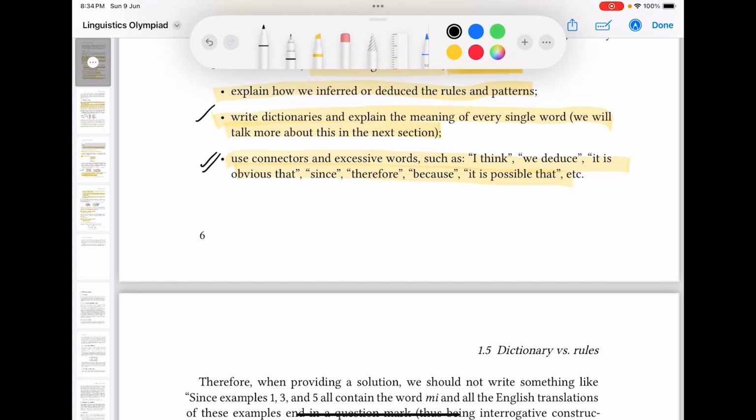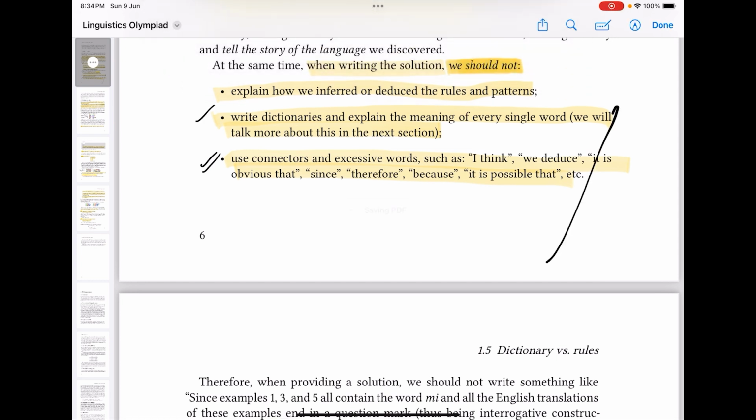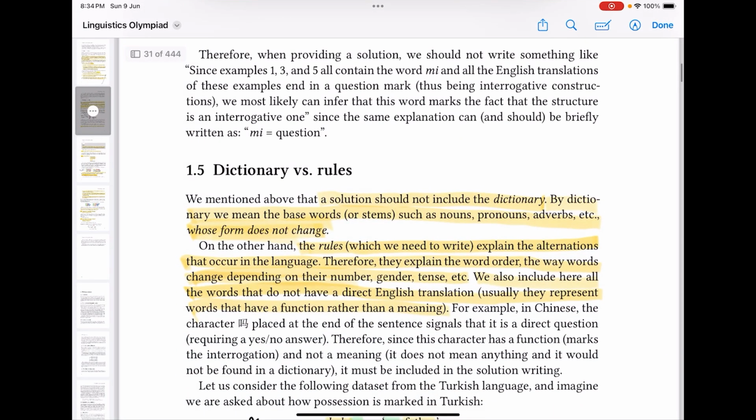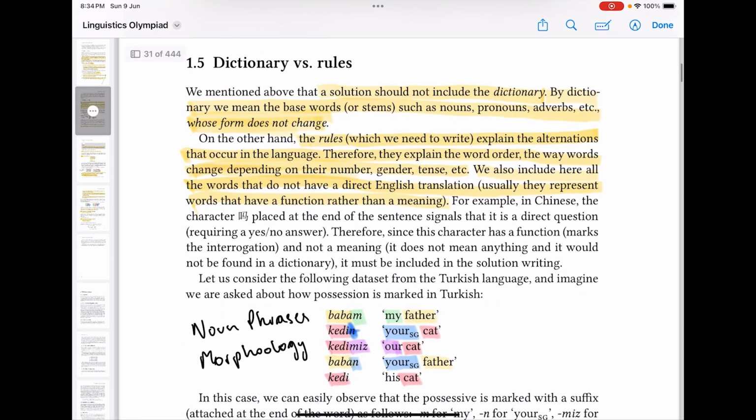Now, as for the second thing I said, the dictionary thing, we should not write the meaning of every single word. First, it would confuse us a lot about what actually is the solution.